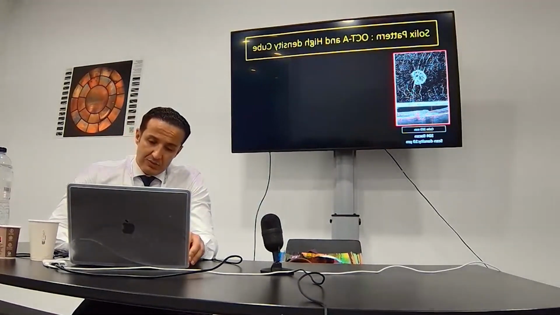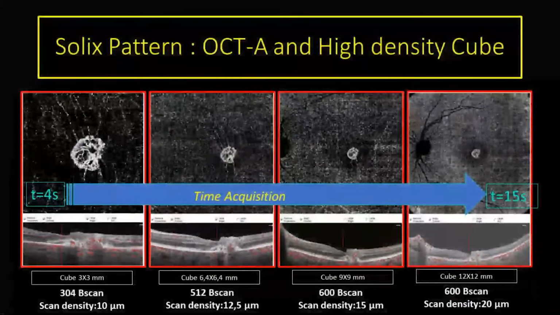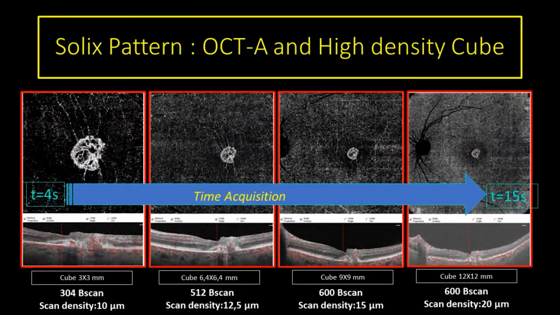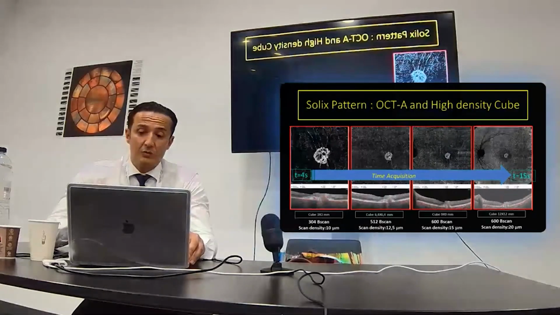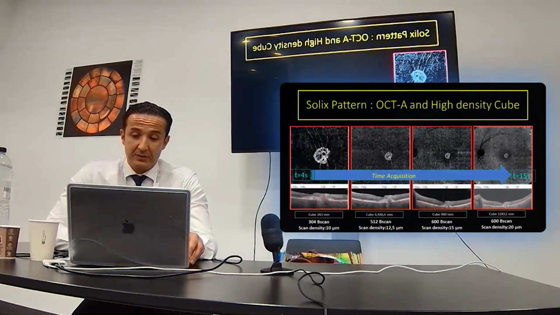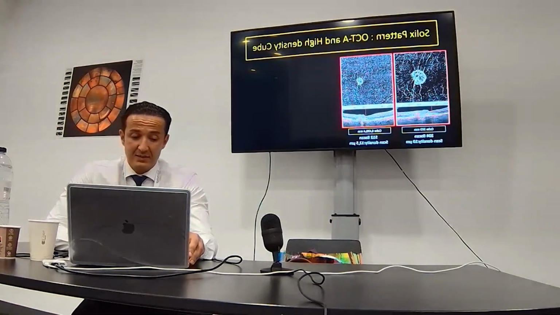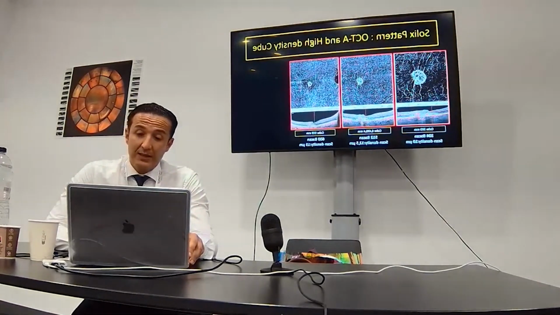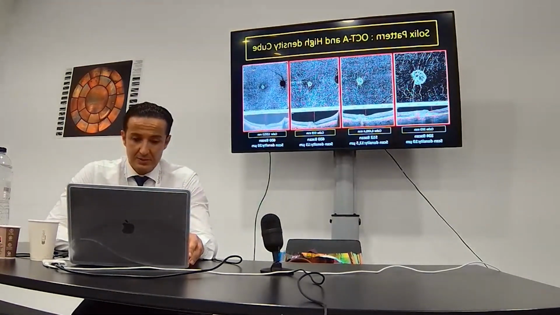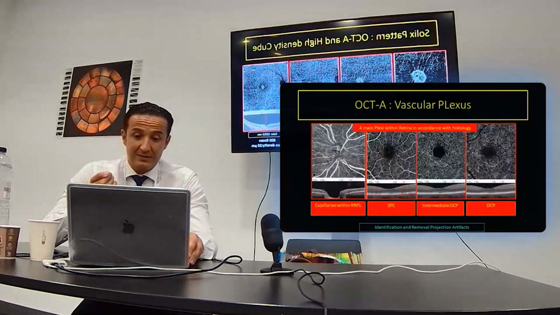OCT angiography can be performed very quickly with very high definition, and the main problem in OCTA is to have a good compromise between high definition and acquisition time. And look here, with the Solix, you have a very dense B-scan within the cube, and you keep the information even with a large scan of 12 millimeters due to the scan density.